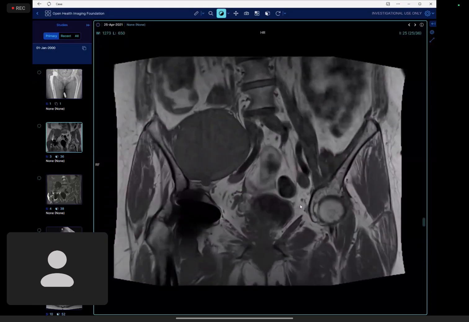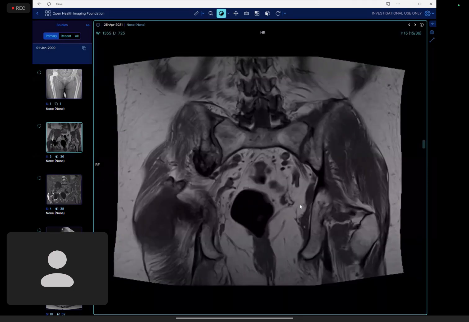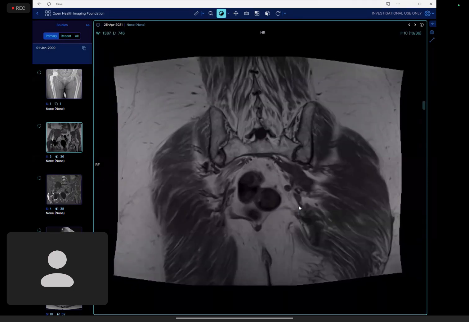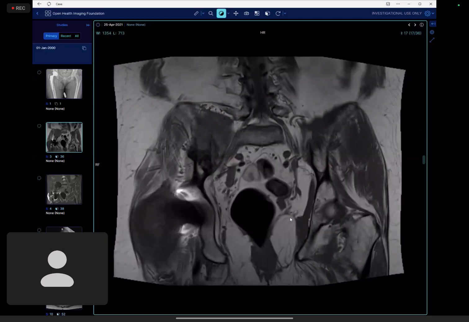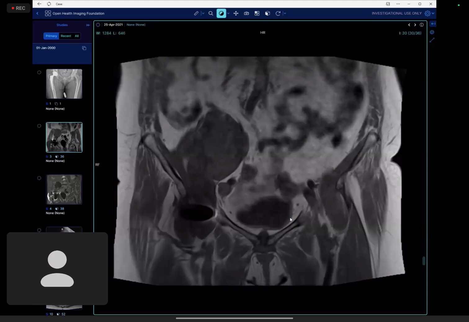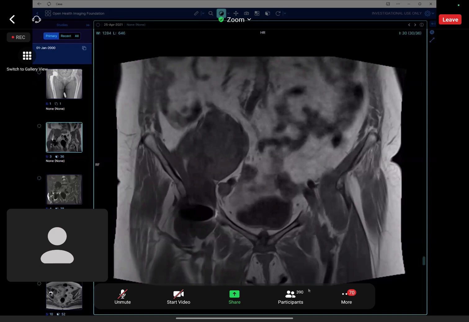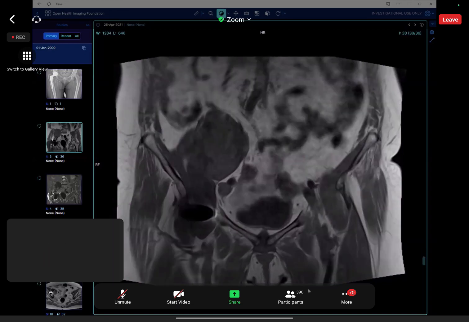MR of the right hip shows a large soft tissue lesion, T1 isointense, noted adjacent to the right hip joint, which is extending along the right hemipelvis and also inferiorly along the right proximal thigh.